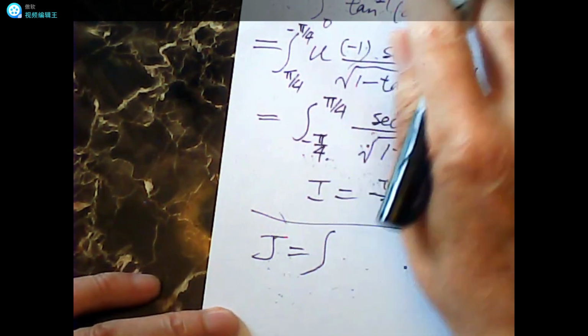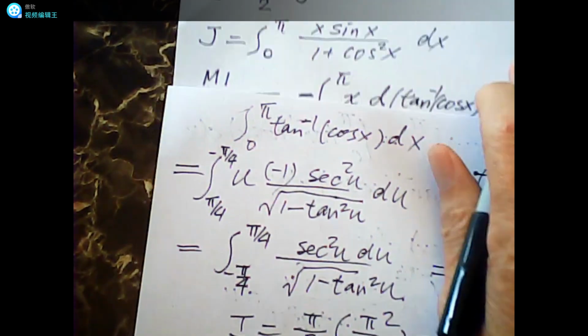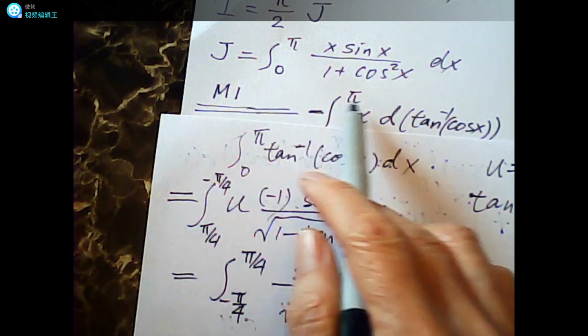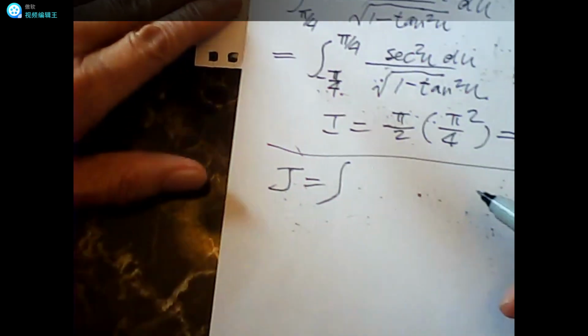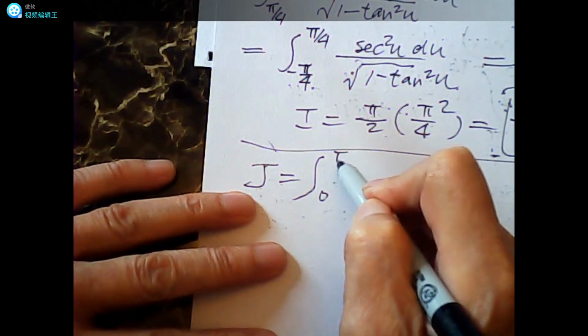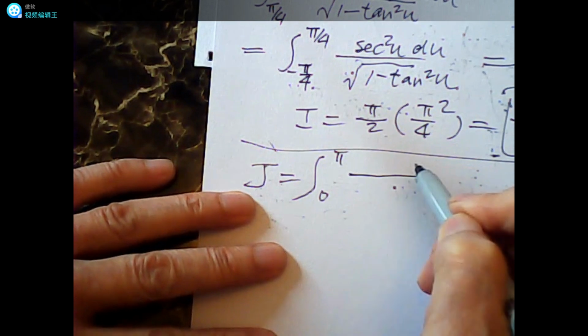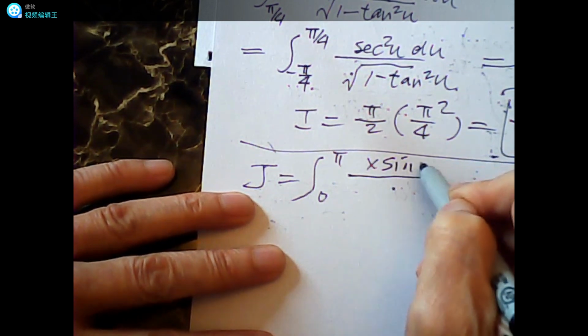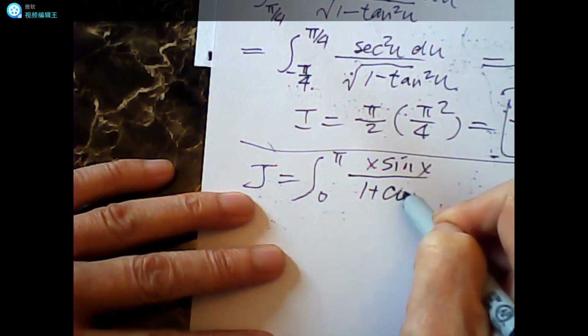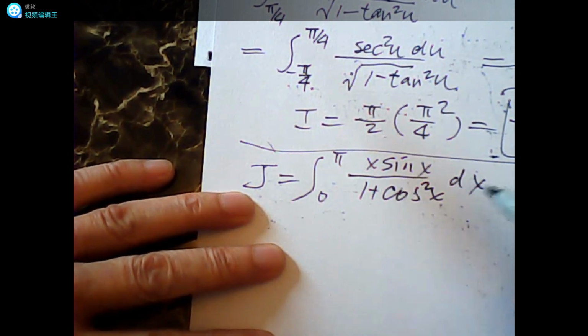J is equal to the integral from 0 to pi of x sine x over 1 plus cosine square x dx.